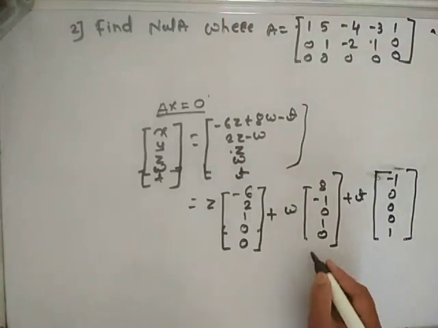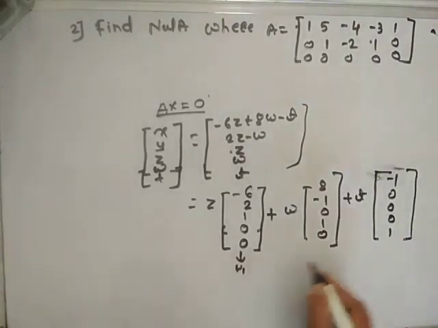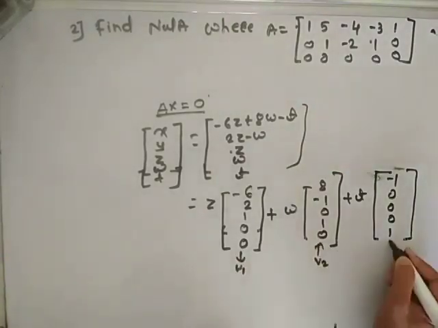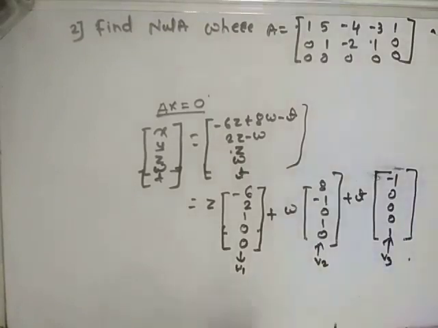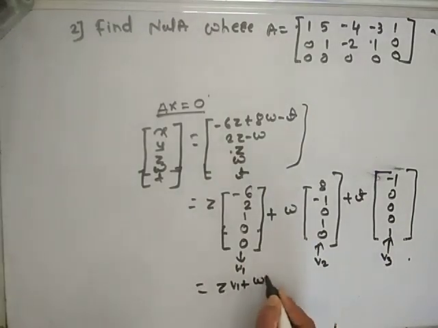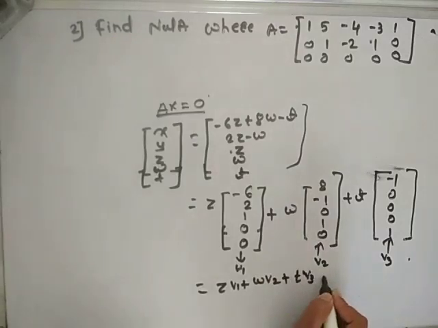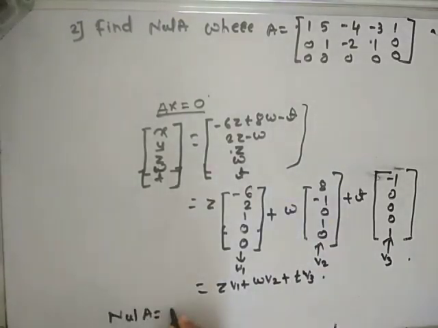Okay, suppose this is vector v1, this is vector v2, and this is vector v3. So this can be written as z v1 plus w v2 plus t v3. Okay, so the null space of A is nothing but the span of v1, v2, v3.